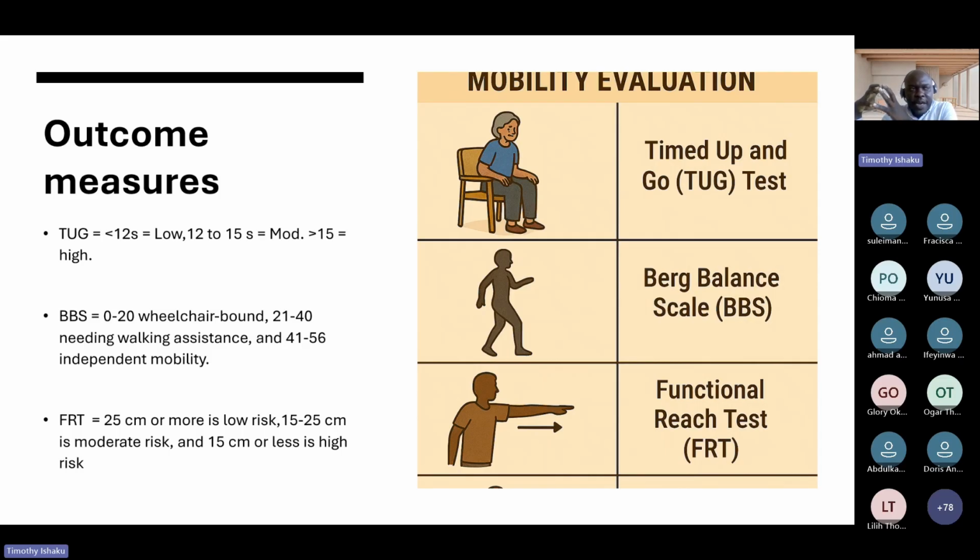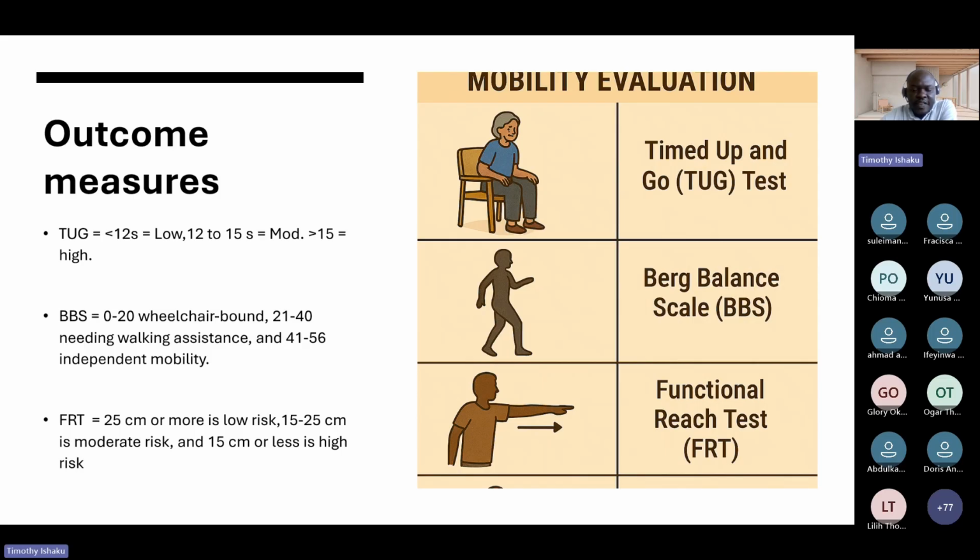It challenges your balance because it takes you away from the base of support. Okay, it takes you outside your base of support, and it's about your ability to be stable with displacement, as well as to recover back to your base of support, which is an important component of balance.